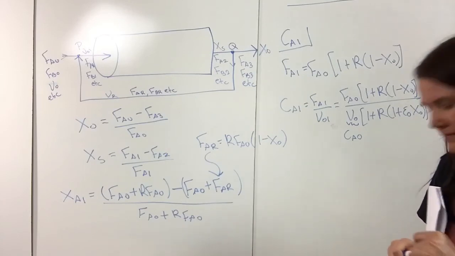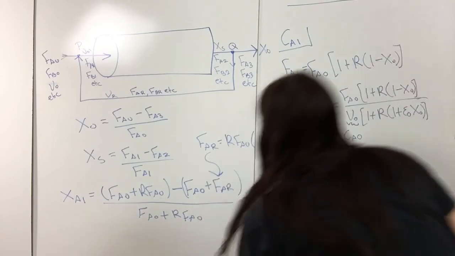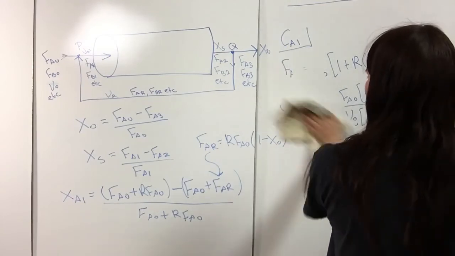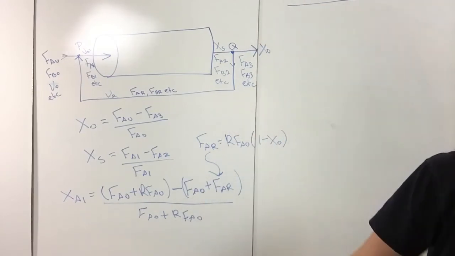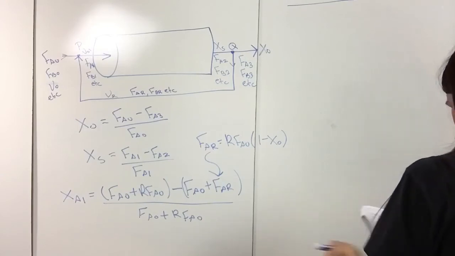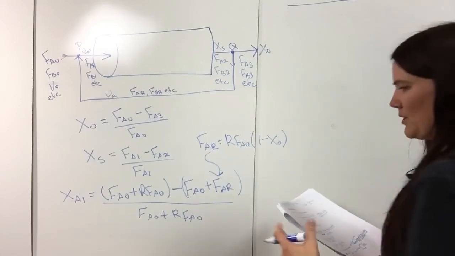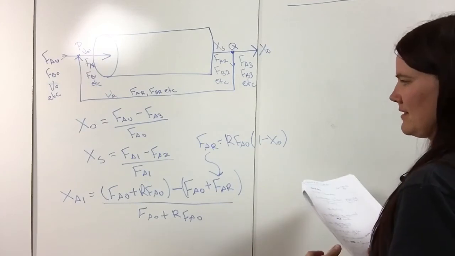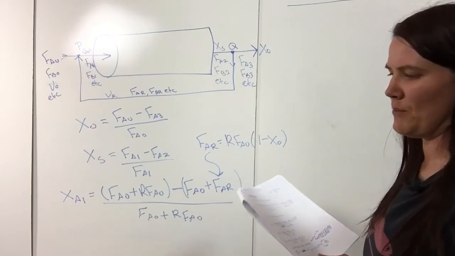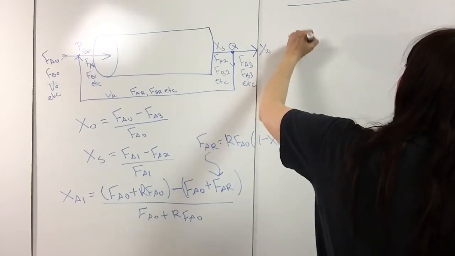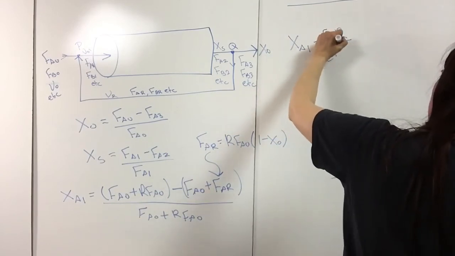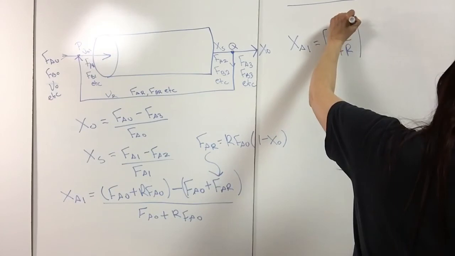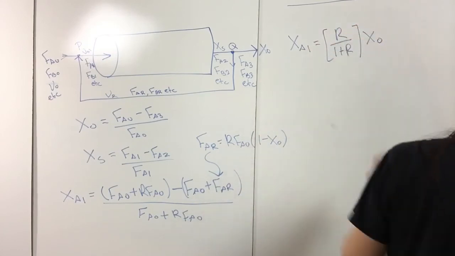And since you already know what the relation is, I'll just write it down because I want to apply that to the mole balance equation. XA1 is equal to R over 1 plus R times X naught.